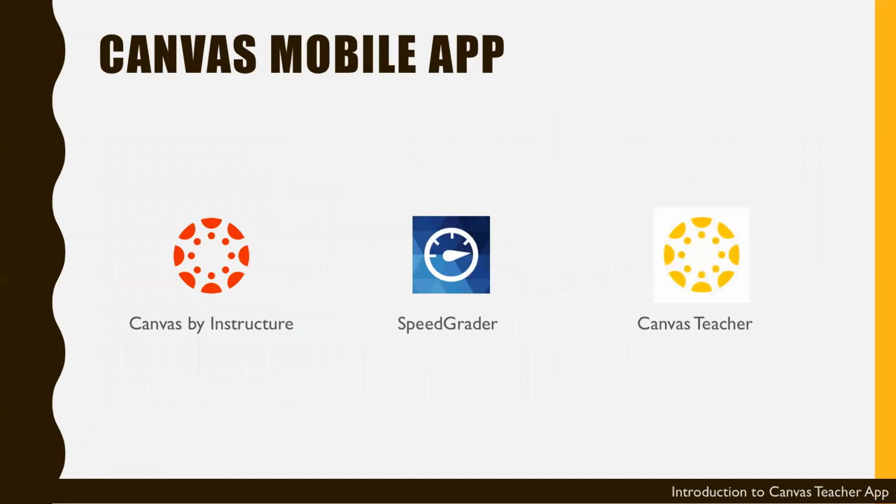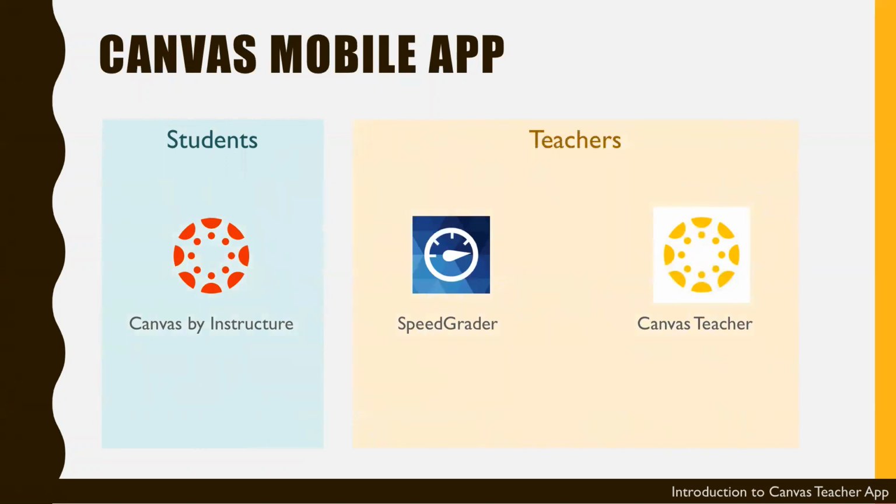So a little bit about Canvas mobile apps. Currently, there are 3 main Canvas mobile apps being used by users. One is Canvas by Instructor. The Canvas by Instructor app is mainly for students' purposes only. Students can use it to access the course and participate in course activities.